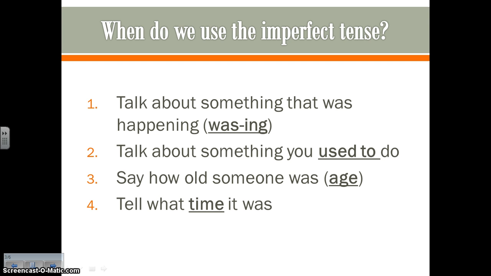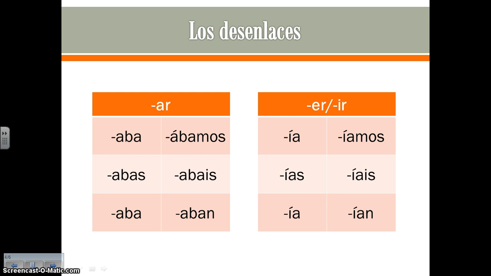If you said the verb ser, you are correct. Again, you might want to jot that down in your notes. Okay, so those are 4 cases in which we know we're going to use the imperfect tense. So, what does the imperfect tense look like, you may be asking?